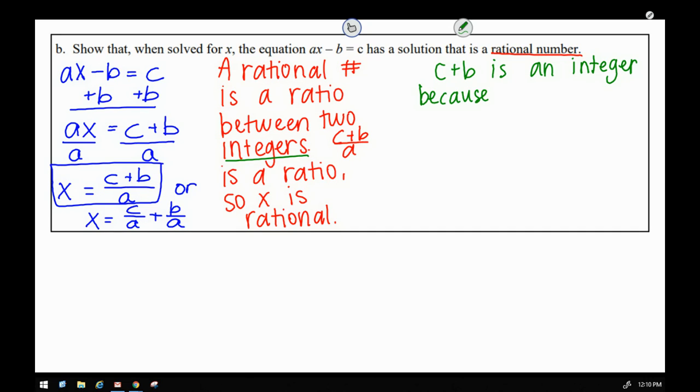When you add two integers, you're going to get another integer. Yep, when you add two integers, you get another integer. So integers are closed under addition.